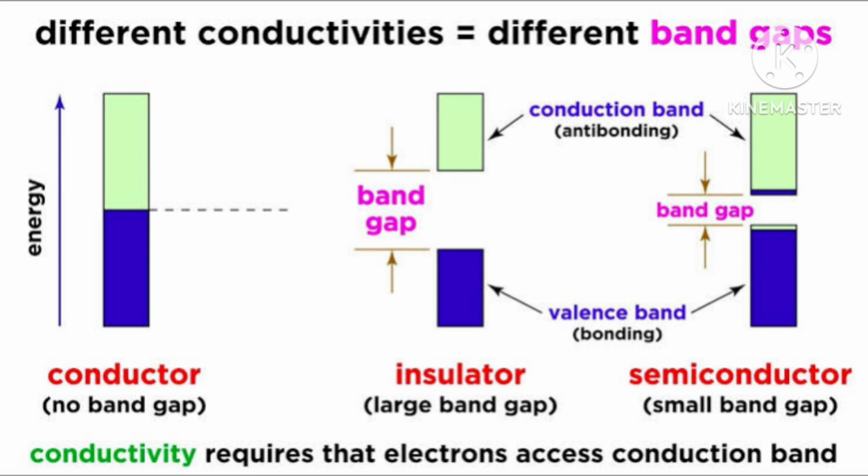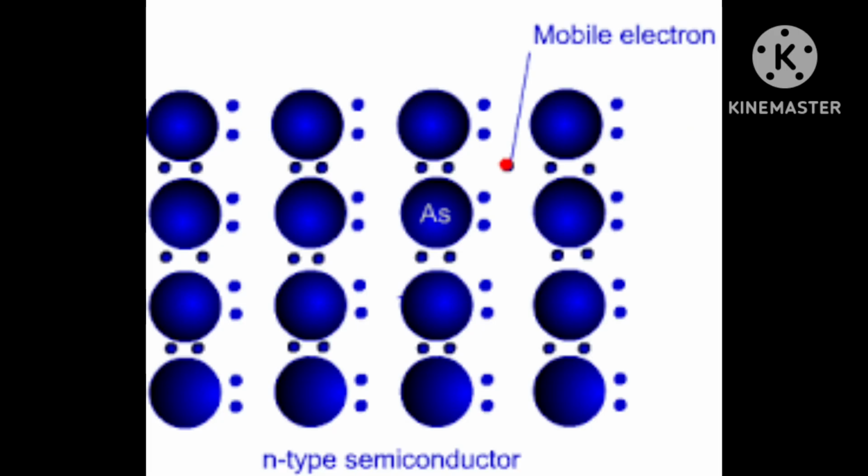Doping can be done with an impurity which is electron rich or electron deficient as compared to the intrinsic semiconductors. For example, silicon or germanium are the semiconductors.